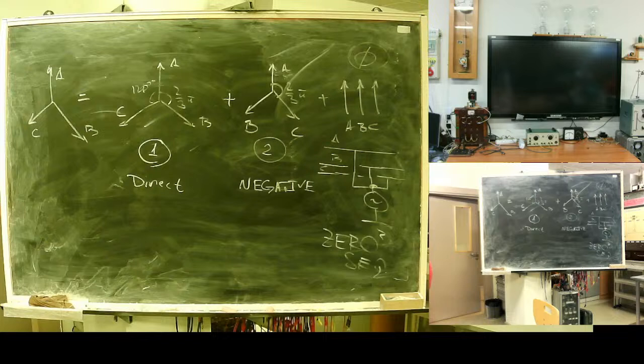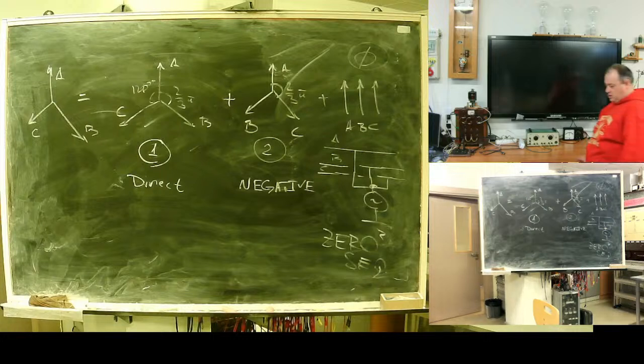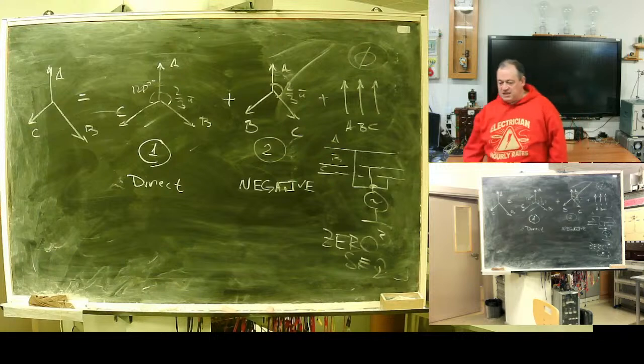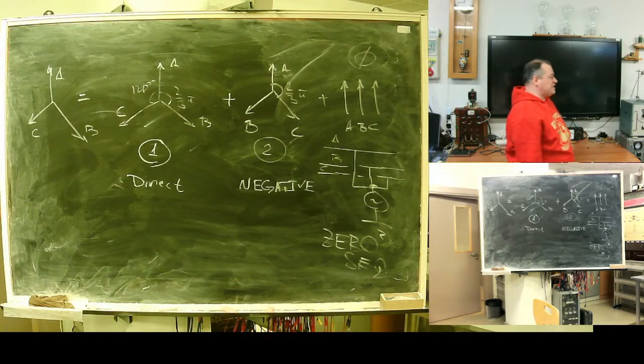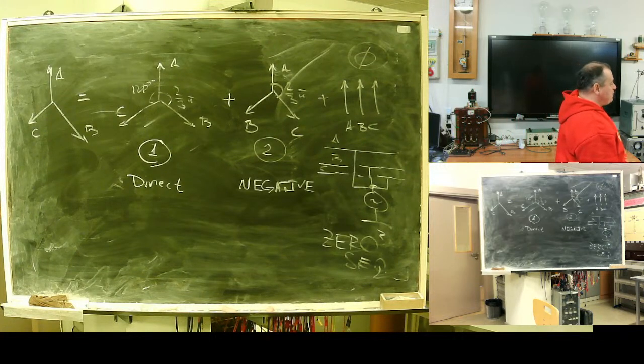So idea of Fortescue transform is substitution of original non-symmetrical polyphase system with a set. In case of three-phase network, it will be three.